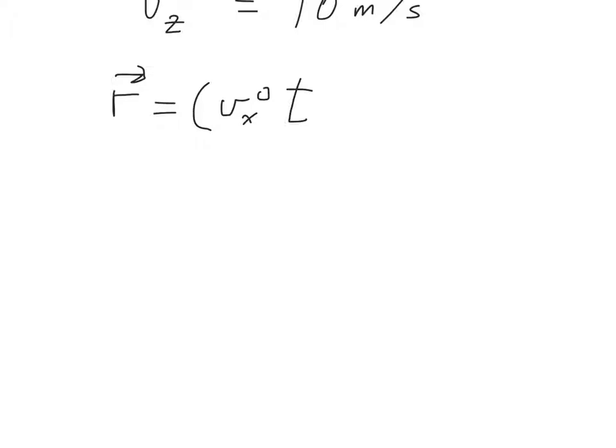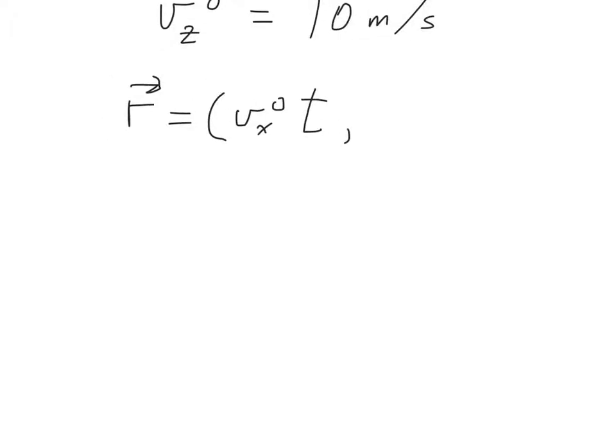The y component is 0, and the z component is Vz0 times time minus 1/2 gt squared.